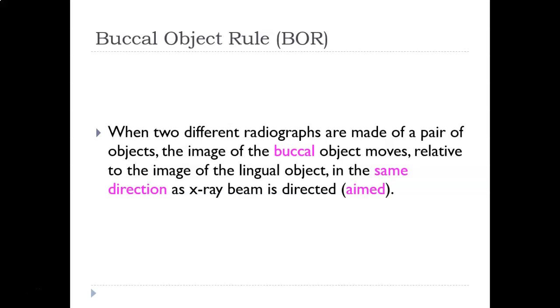So lingual objects move in the opposite direction of the beam, and buccal objects move in the same direction as the beam. And we really have to look at this to understand it more. So let's move on.